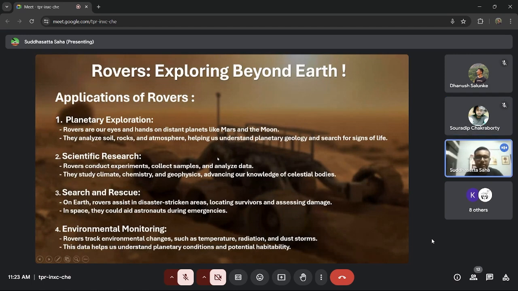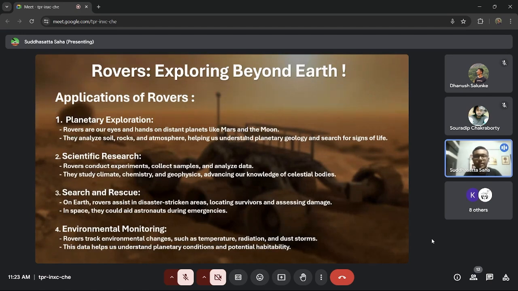Another application which is specifically important for any sort of exploration mission is conducting scientific investigations, or scientific research. When you go to another planet, you need to analyze the soil samples, the weather conditions, and also the type of rocks, and analyze the elemental composition and derive something from that.